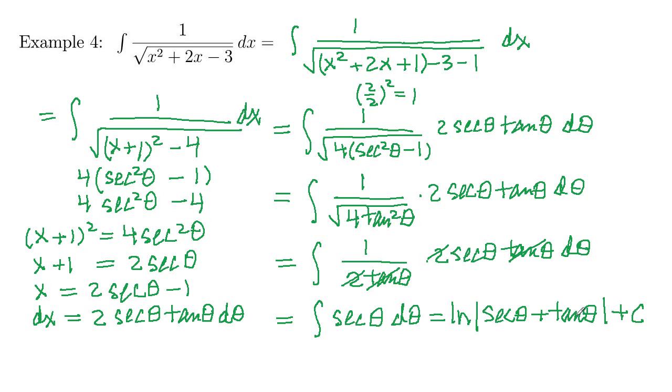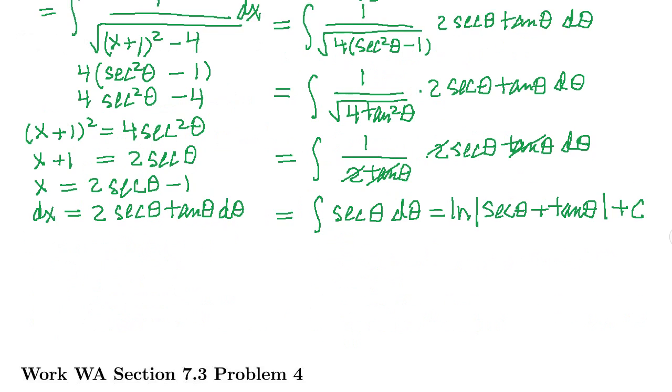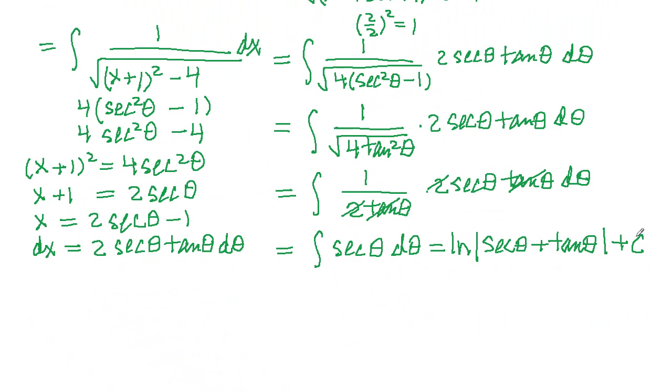And now to wrap things up, we just need to change back from theta to x here. And in order to do that, we need our right triangle. So here's our angle theta. And we want to use 2 secant theta is x plus 1, and solve that for secant theta.